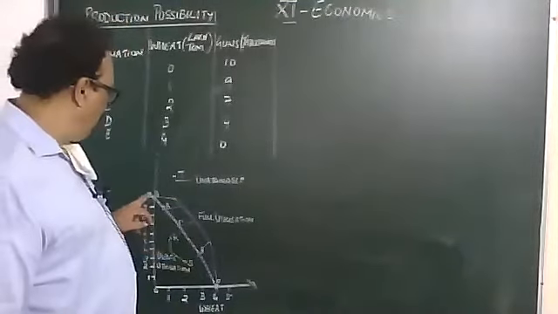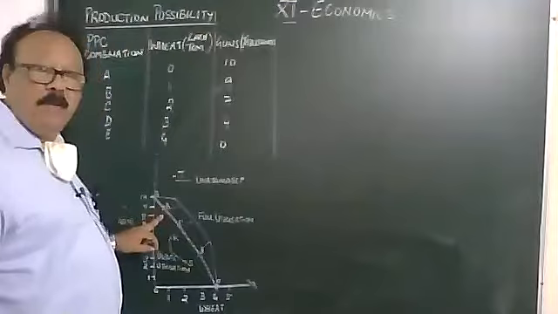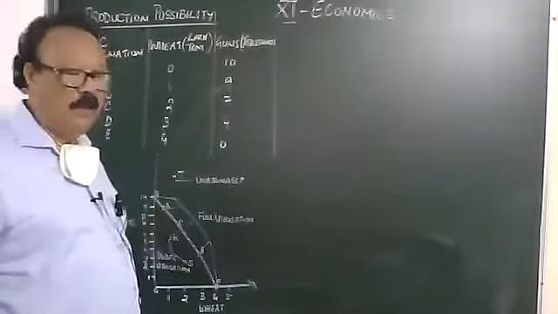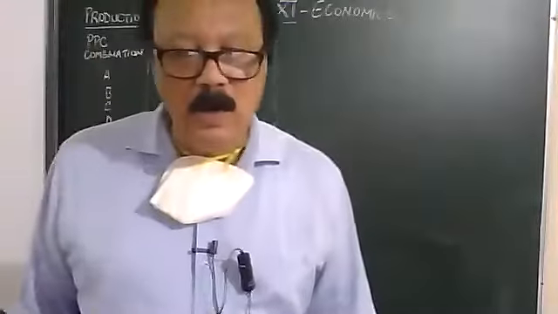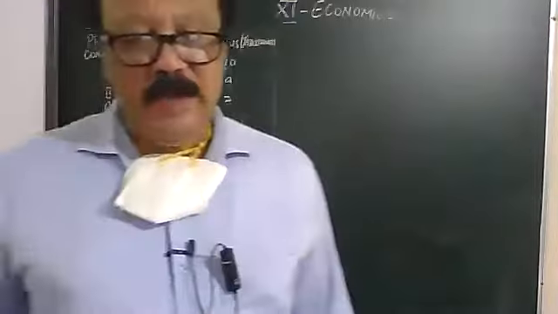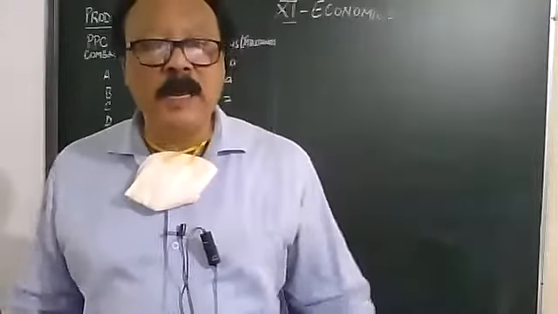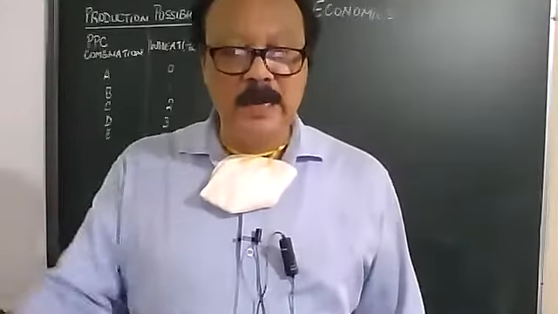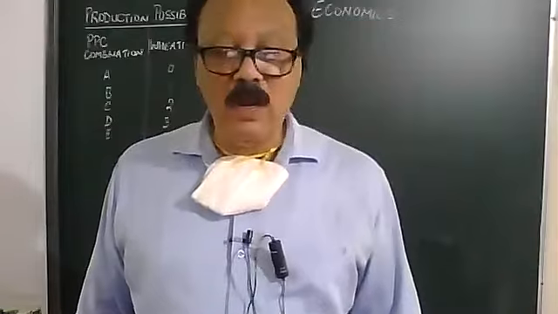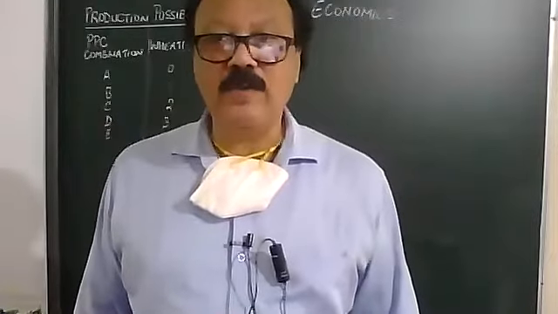Now, if you see points A, B, C, D, E, when they are on the PPC, what does it mean? Number one, please write down, there is full utilization of resources.